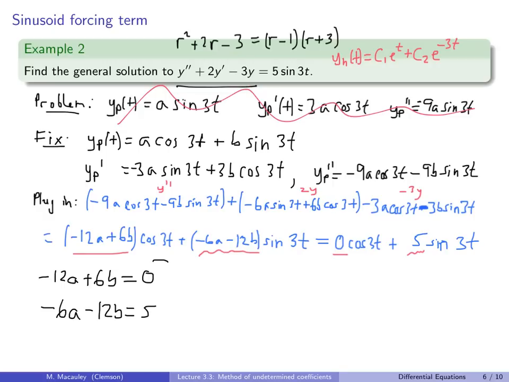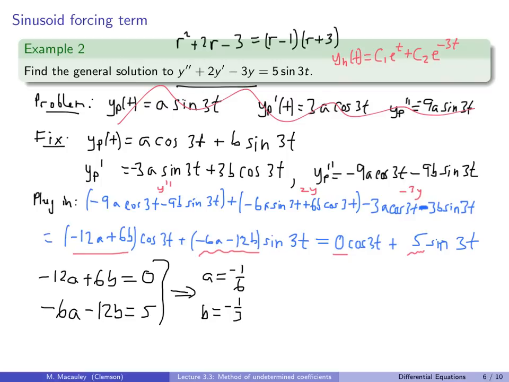So this system, actually I've done this problem before, so I remember what the solution is, just algebra. I remember that a equals negative 1/6 and b equals negative 1/3.